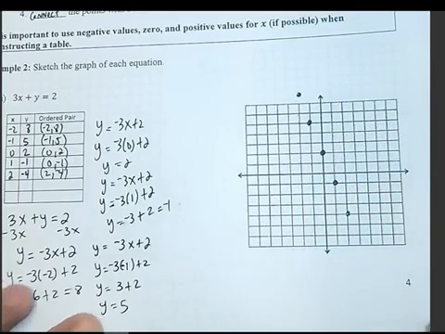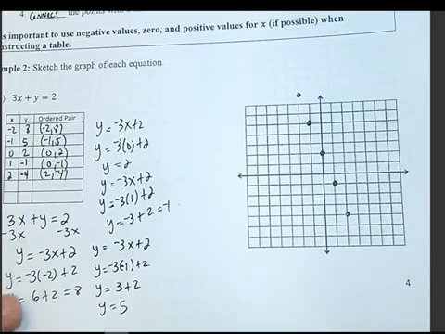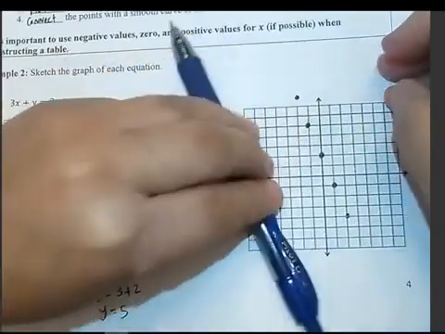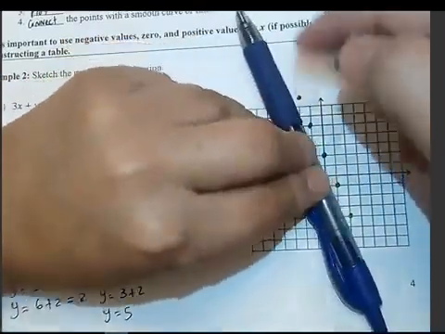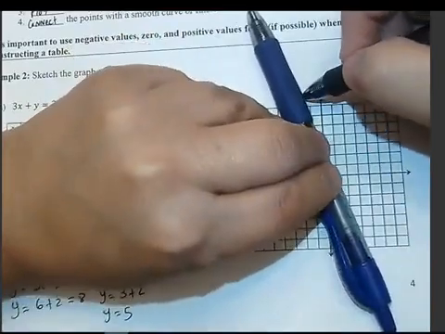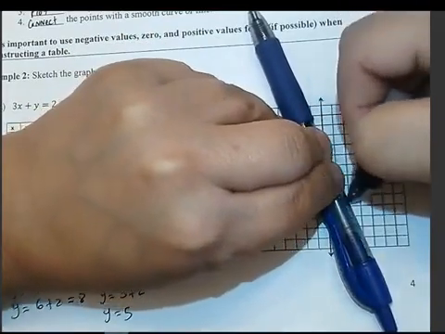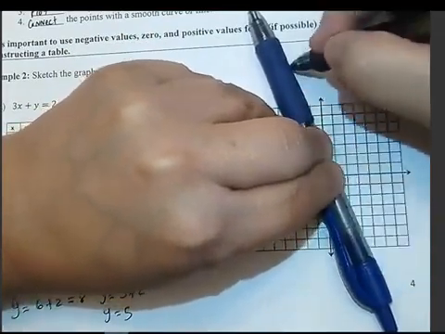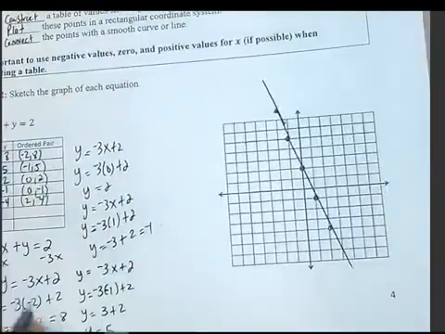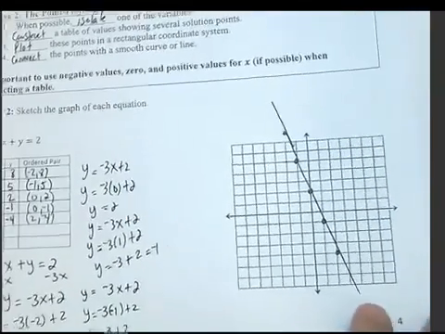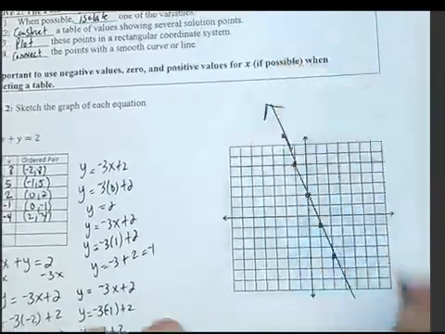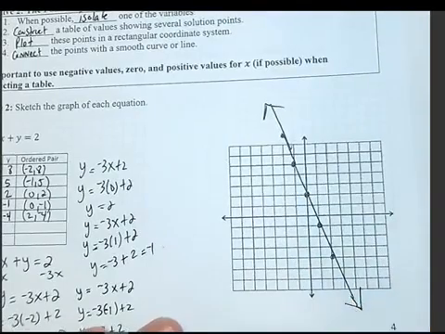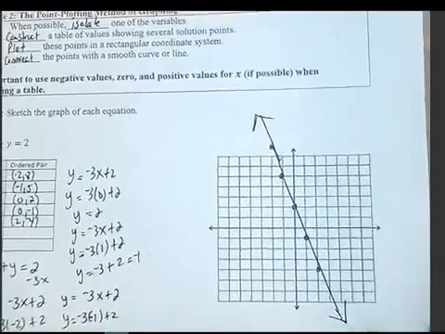Once we have our points, then we can graph our equation by connecting these dots. And since we can choose any points for x, this is going to go to infinity. So we add the arrows at the end.